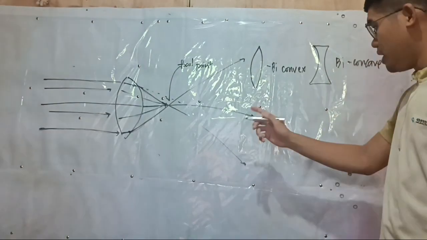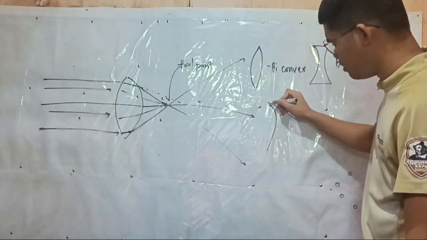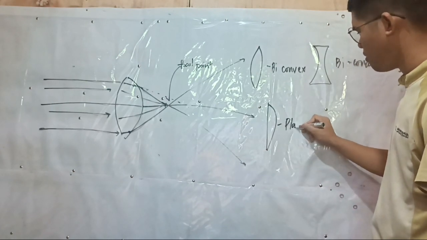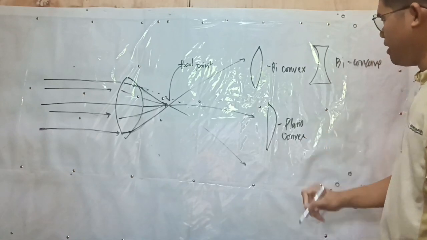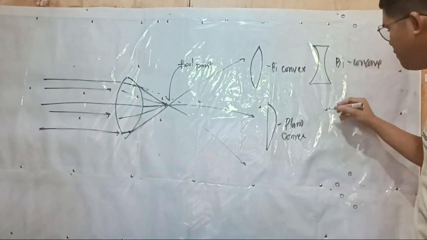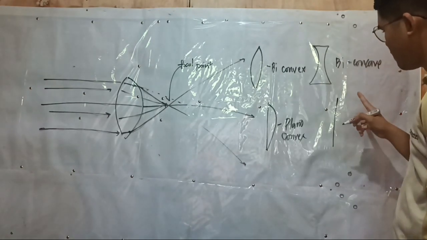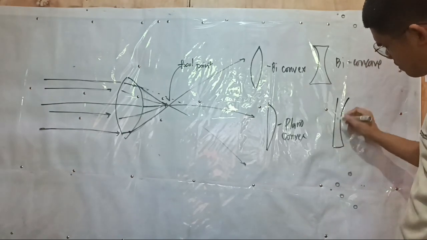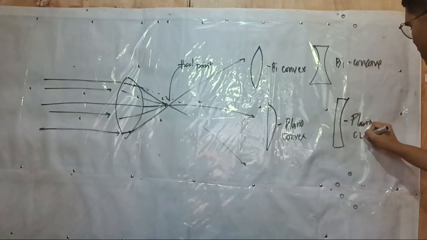How about a lens that is curved on one side and flat on the other? This is a plano-convex lens. If it curves inward on one side and is flat on the other, this is called a plano-concave lens.